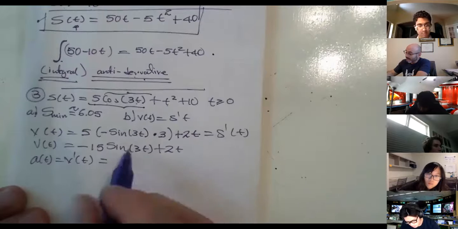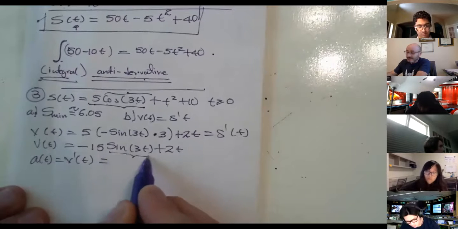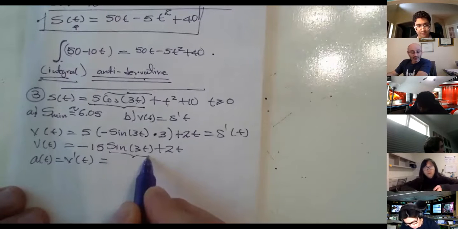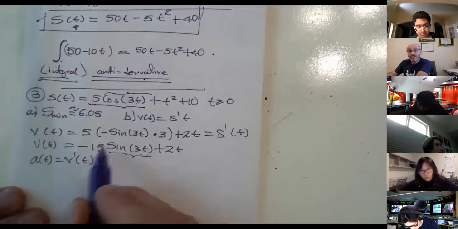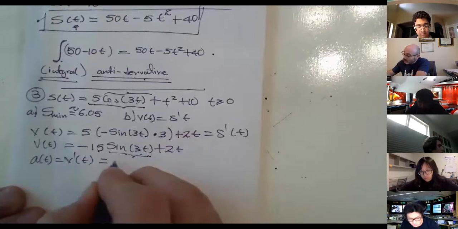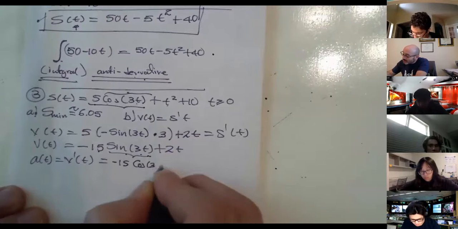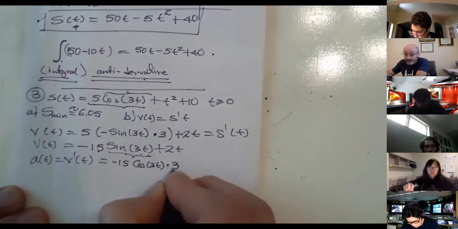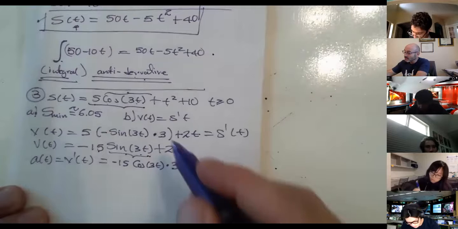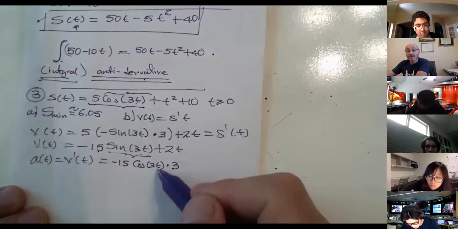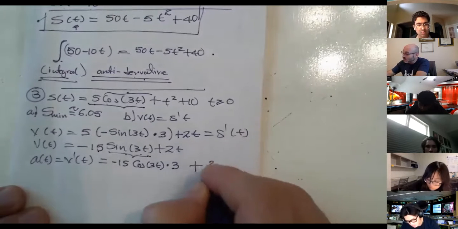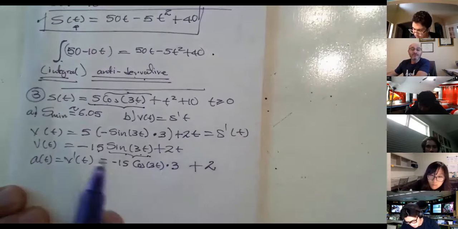What's the derivative of sine? Cosine. So it's going to be cosine of 3t times 15, if we do the same thing as before, so negative 15 cosine of 3t times 3. Same process as before. The 3 is because we have to use the chain rule, plus 2, which is the derivative of 2t.